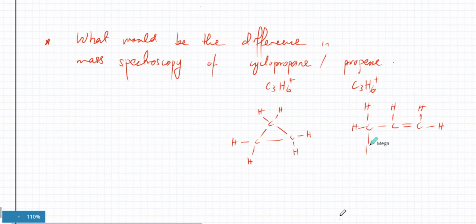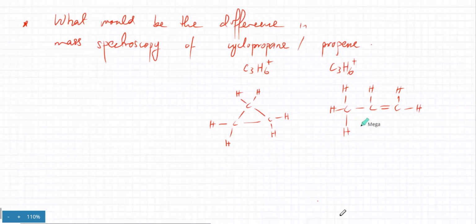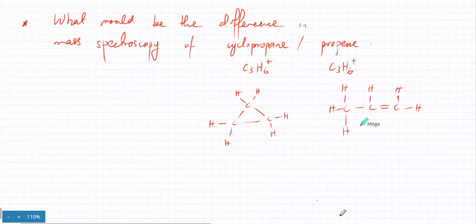Remember, mass spectroscopy cannot identify the difference in structures. It can identify the difference in masses. So, what do you think? What type of fragment would be formed in one that is not possible and cannot be formed in the other?